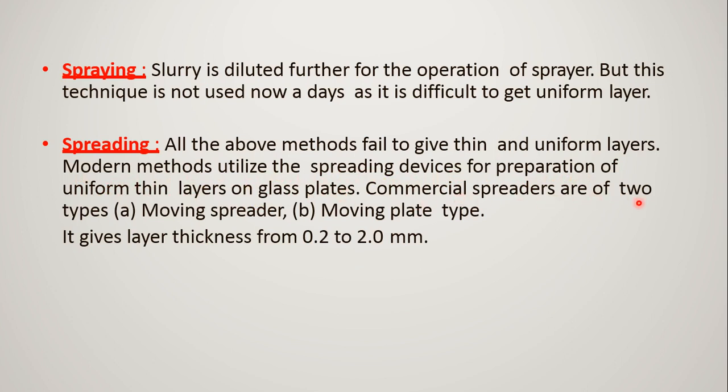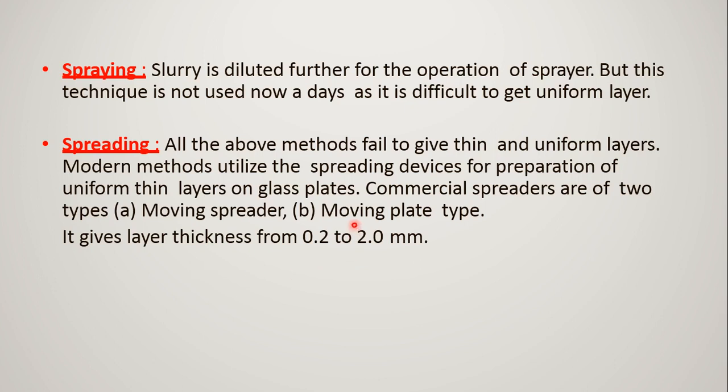Commercial spreaders are of two types, moving spreader and moving plate type. These spreaders work on the same concept as when we form very thin layers of polymer solutions in our labs.